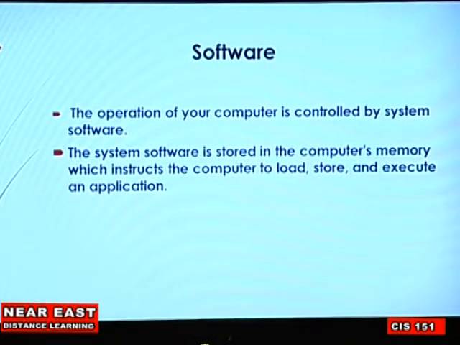Now let's come to talk about software. A computer is combined by two things, hardware and software. So there is no computer without hardware and there is no computer without software. It can't be run without both of them.